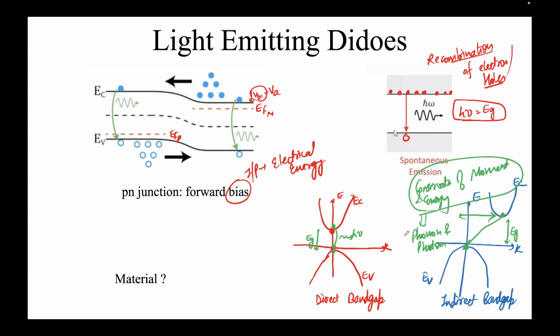As it turns out, these processes are much less efficient as compared to direct band gap transitions. Hence the materials for LEDs that we see are direct band gap, like gallium arsenide or gallium nitride.